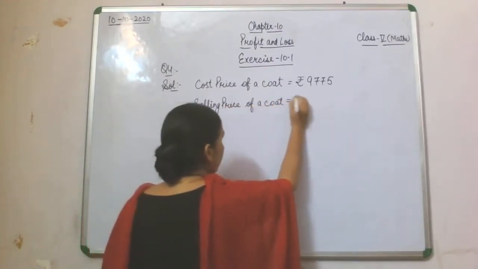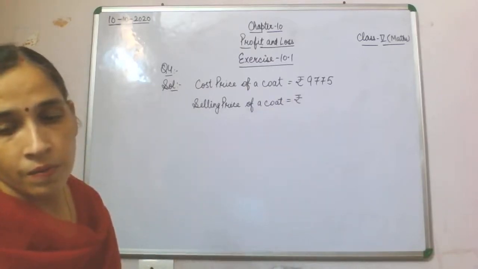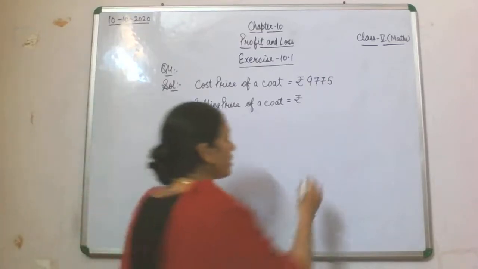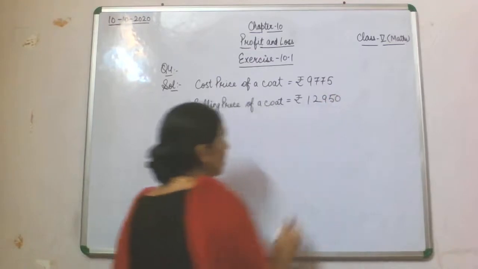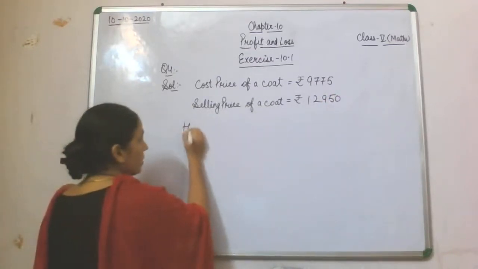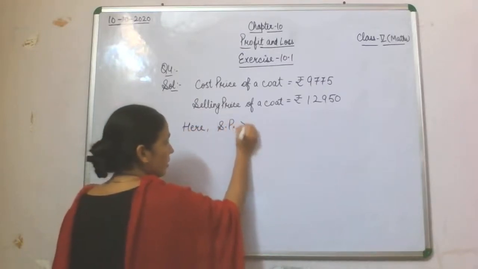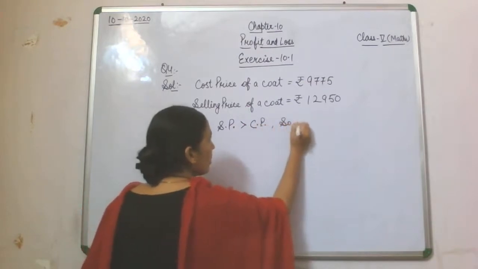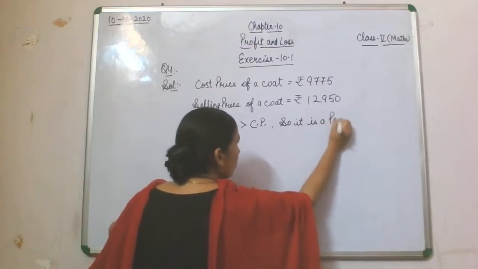What is that? Rupees 12,950. This is your selling price. Now here you can see, selling price is greater than cost price, so it is a profit.